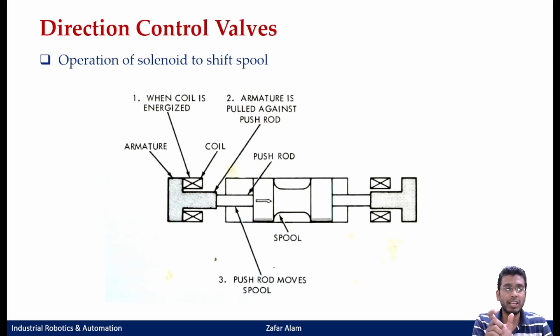We can also have an electrical circuit which energizes, just like an electromagnet, the coil, and that coil would pull the spool towards one side if I engage it. If I engage the solenoid on the other side, then again this would shift the spool towards the right, and that can also help energize my valve by shifting the spool.